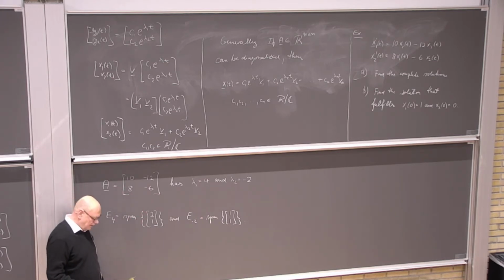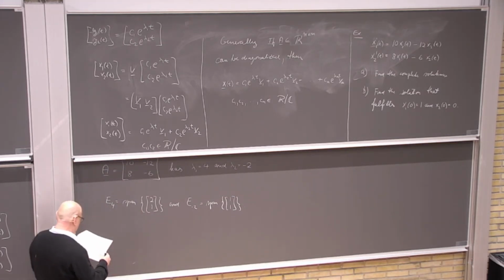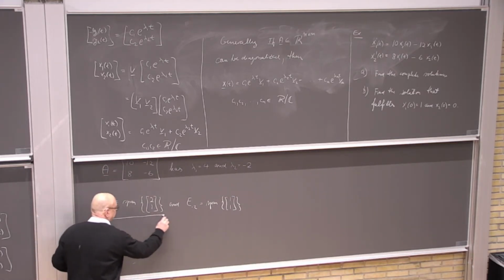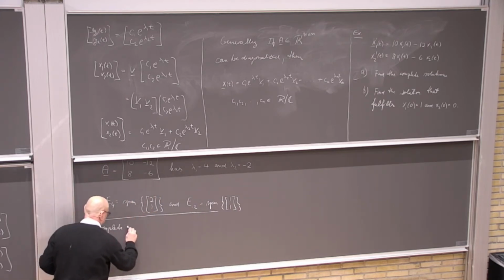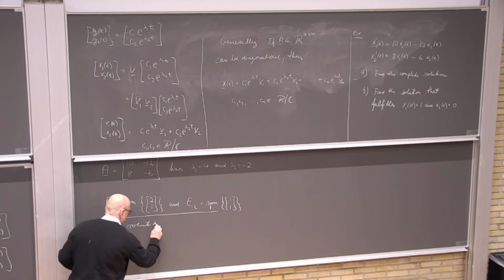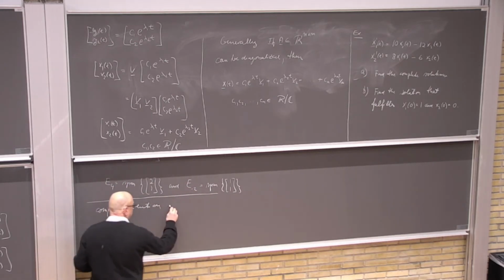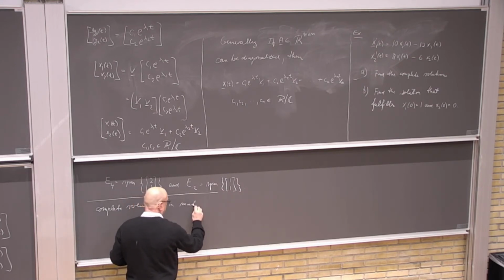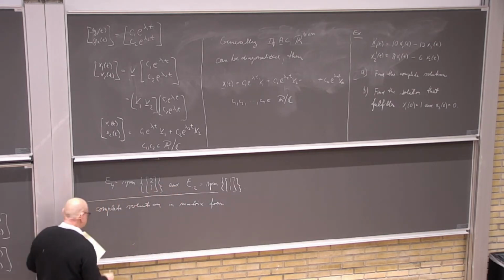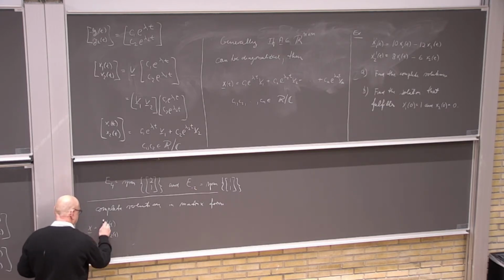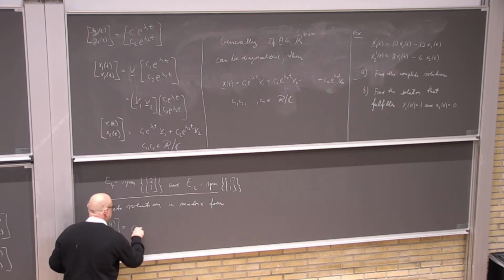So you have this. And so the complete solution in matrix form is x1(t), x2(t). This is your x vector, and it will be given as c1.